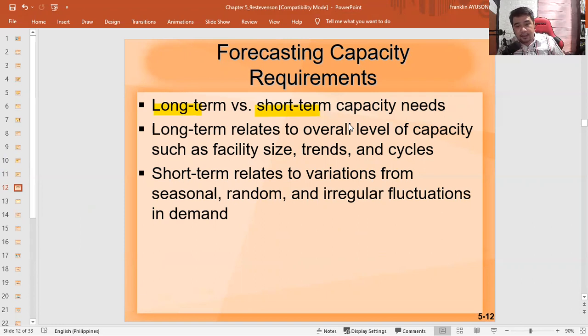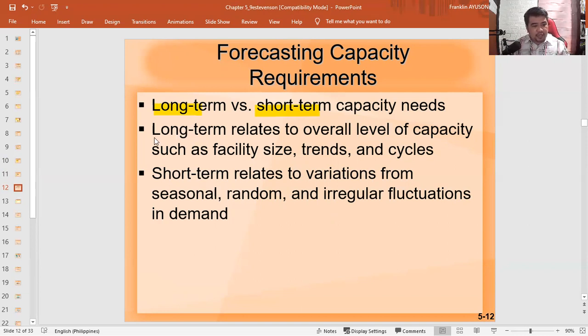This is very vital because we want to define our capacity needs against the long-term or the short-term horizon of the operation. So we need an estimate of whether our capacity needs will be defined on a short-term basis or a long-term basis.